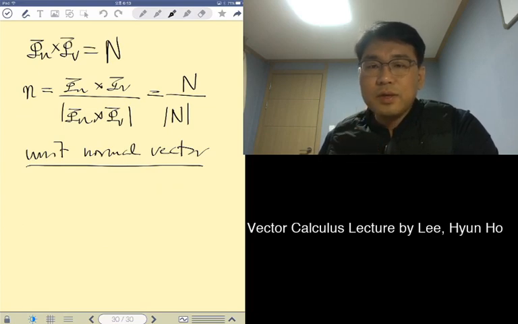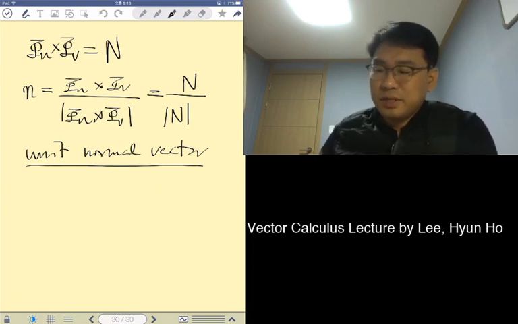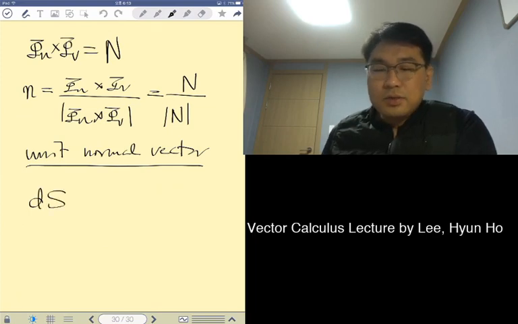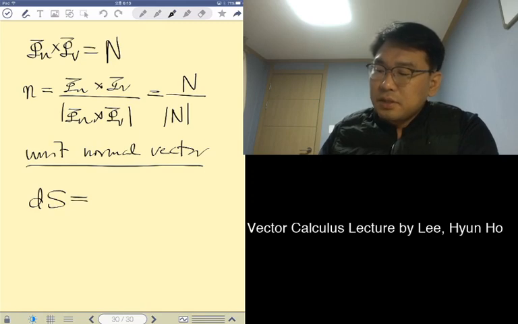Also, one thing, if you remember, we explained the surface area element, so-called dS. This dS is the surface area element.